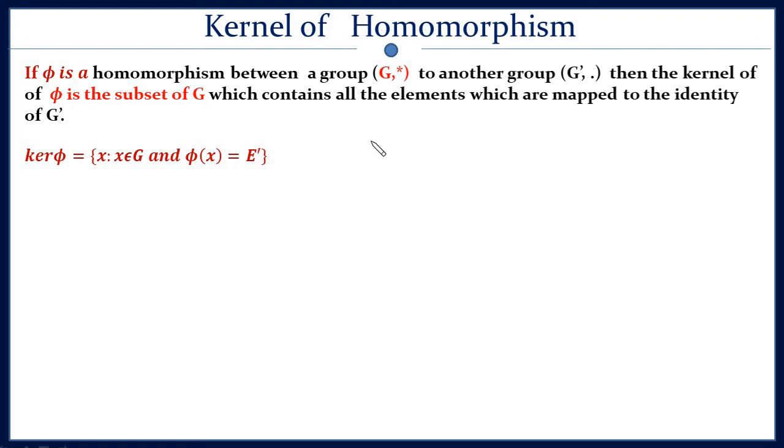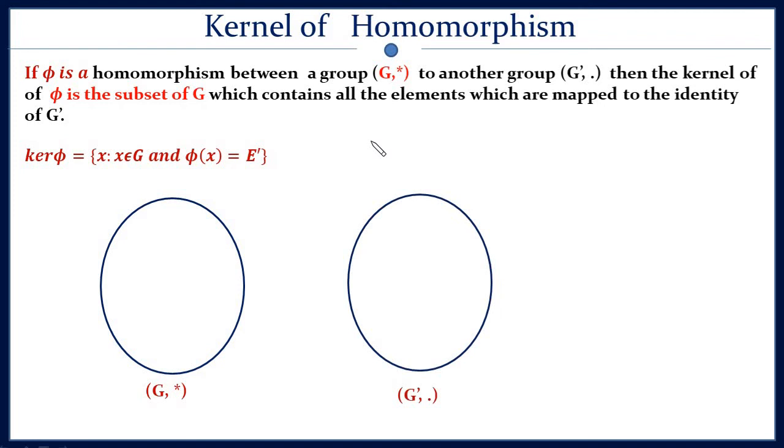Now let's understand it from a picture. Suppose we have a group G and there is a group G prime and there exists a homomorphism phi between these two groups. If E and E prime are the identity elements of group G and group G prime respectively, then from the property of homomorphism we have seen that E will be mapped to E prime.